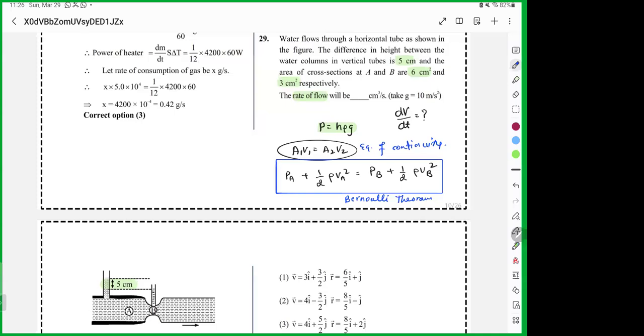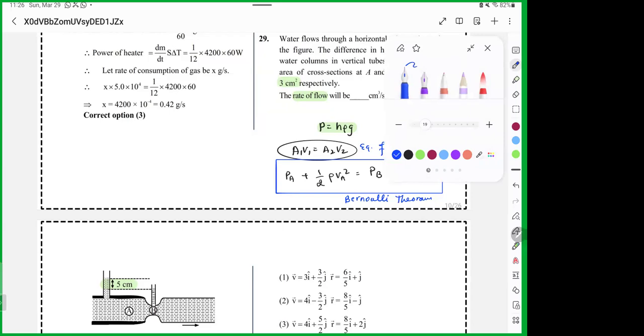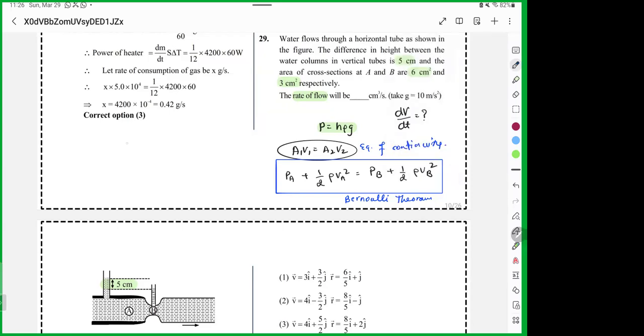And one thing is pressure difference. A pressure is more than B. Pressure of A minus pressure of B is equal to H rho G. Pressure difference is equal to H rho G. Equation of continuity, equation of Bernoulli's theorem.